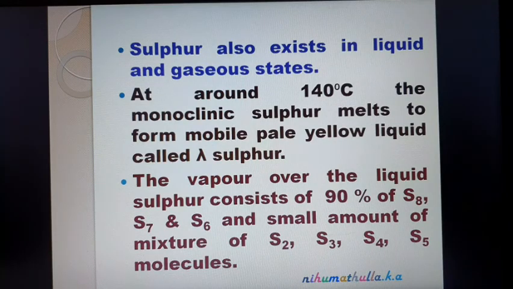In liquid form it is a pale yellow mobile liquid called lambda sulfur, and in the vapor form, the vapor above the liquid sulfur consists mainly of S8, S7, S6 and a very small amount of S2, S3, S4, S5 molecules. So, these are the allotropic forms of sulfur.